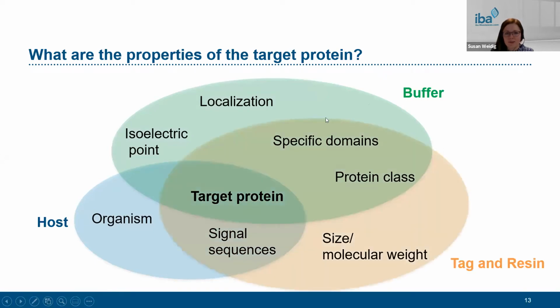And specific domains, the protein class, as well as size or molecular weight and signal sequences provide information about the perfect tag and the resin.